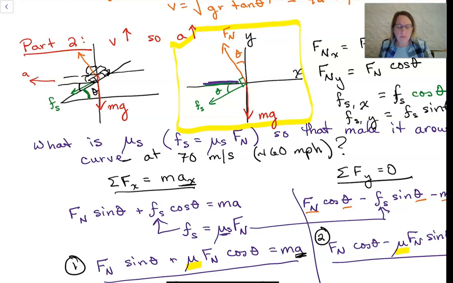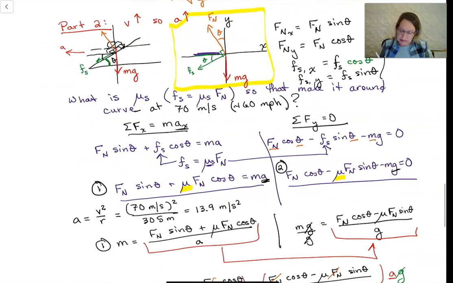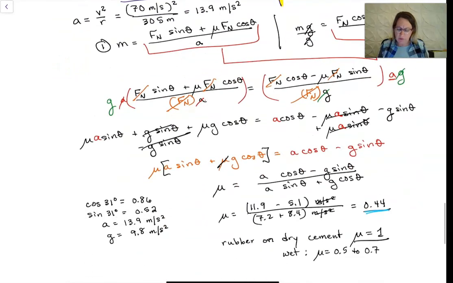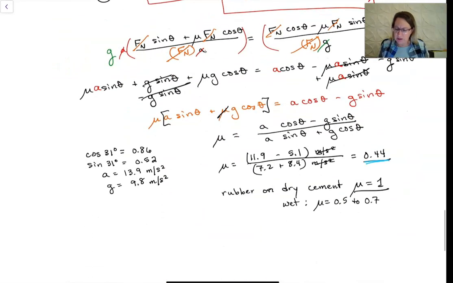We've got to be careful about our trig, and then we continue to divide things by components. So components, components, components. And we need to pay attention to how we set up our axis so we get an acceleration of 0 in one of the directions. That just makes things easier. And then we move along and just do our algebra as we need to, and hopefully we don't make mistakes.